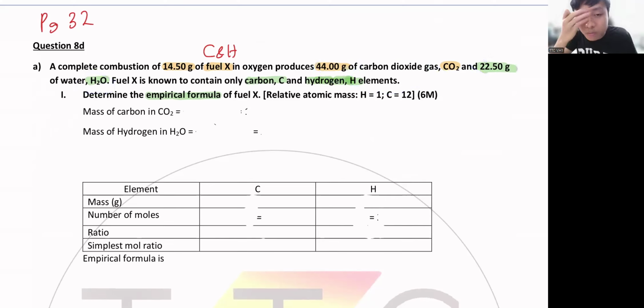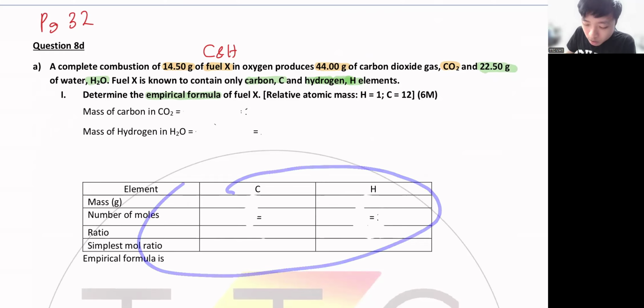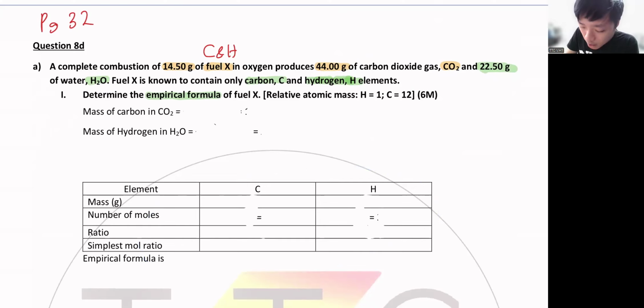So you have to find the mass of C and H first, then you can do the empirical formula. Because you don't have the mass of carbon itself and H itself, you have the combination of C and O, and the combination of H and O.